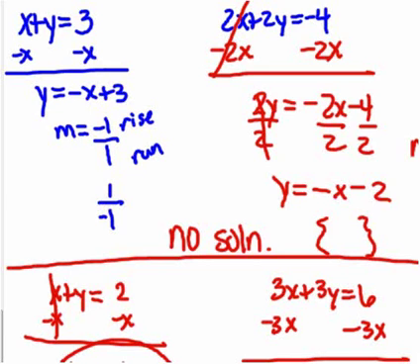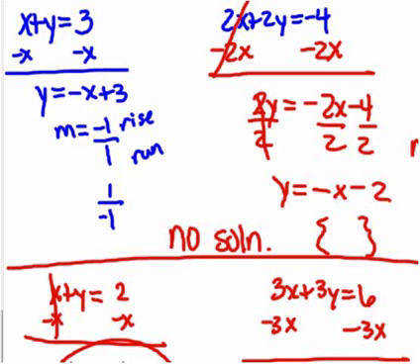The way your book, now I'm going to write out the words, I'm going to abbreviate infinitely many. Infinitely many ordered pair solutions. Your book notates this very differently. They say the set of all x, y, such that, and then what they do is they write the equation of one of the lines.